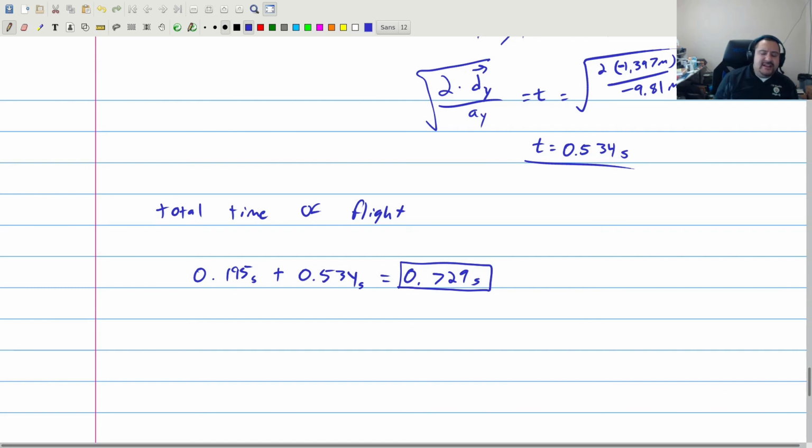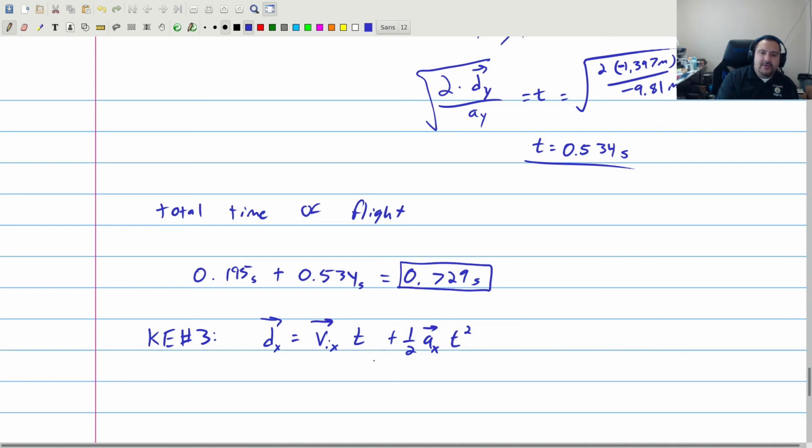Okay, so it's in the air for 0.729 seconds. So how far is it going to go? Well, I can use kinematic equation number 3, only this time in the x direction. So dx, the displacement in the x direction, is equal to v initial x times t plus 1/2 ax t squared.